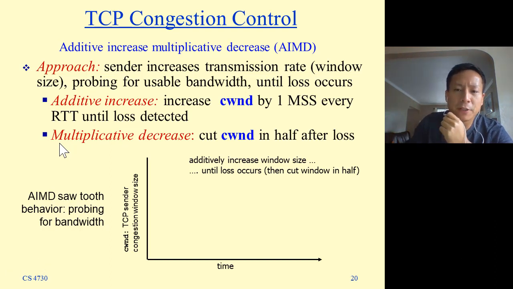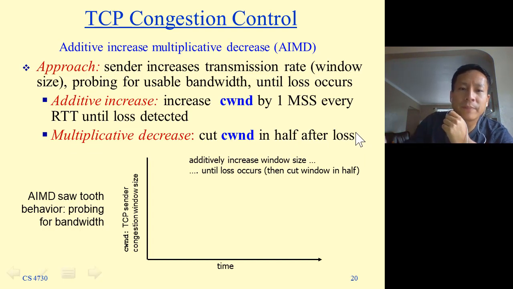Otherwise, it will be fully congested, and that will be a disaster for everyone. So what you do is multiplicative decrease. Essentially, you cut your congestion window or sending window size by half if you experience some loss. This means that additive increase is slower. You increase slowly, but when you experience some congestion, you decrease very rapidly, right? Multiplicative decrease, you cut by half. That's usually a huge cut.